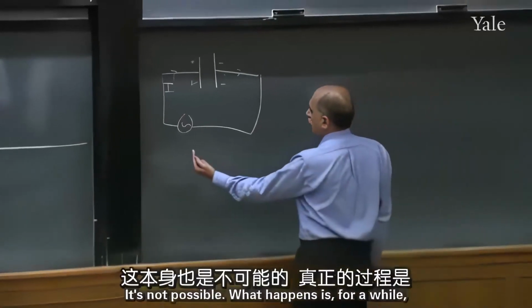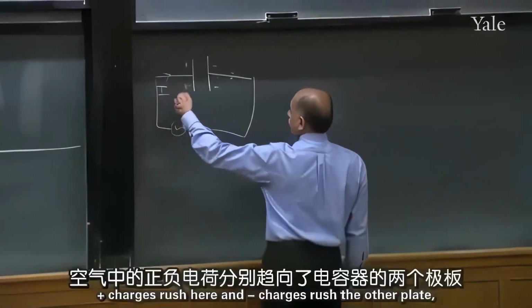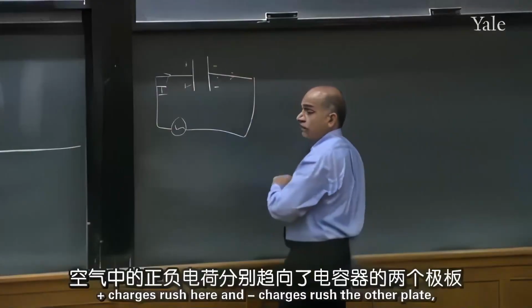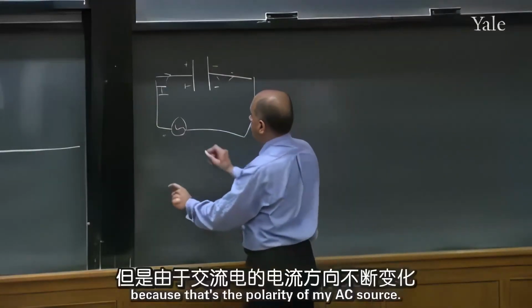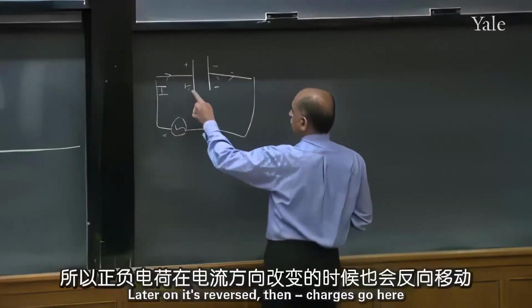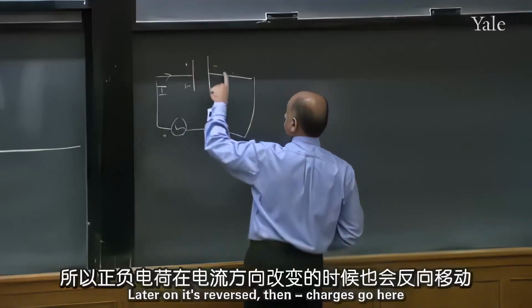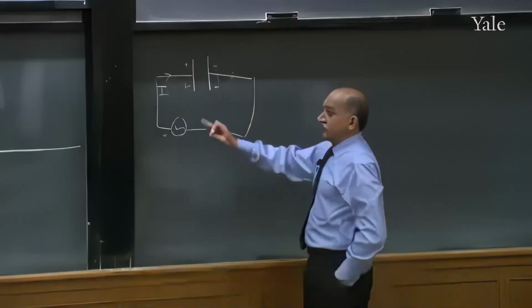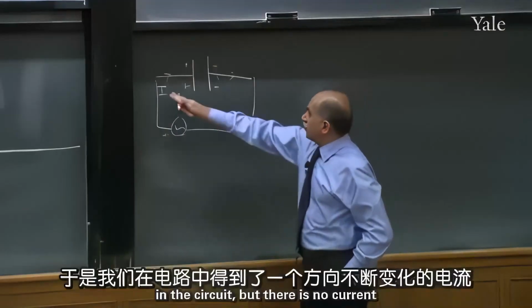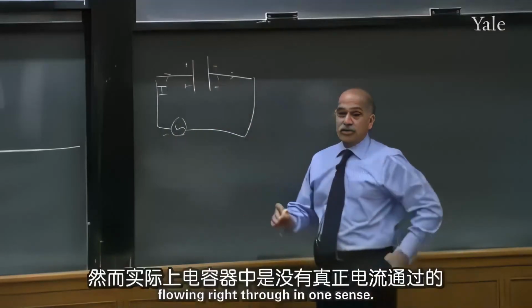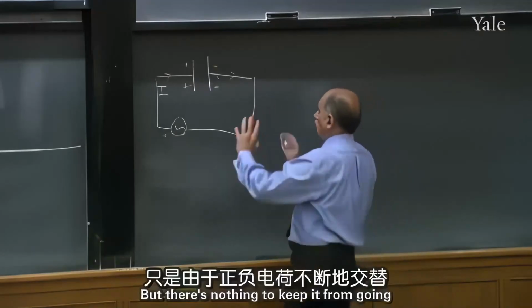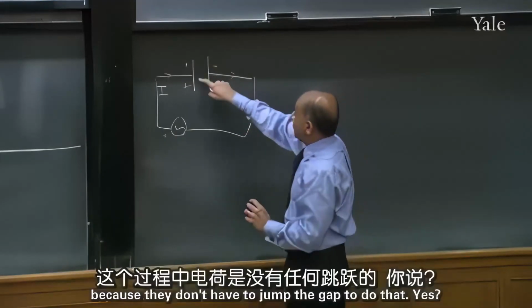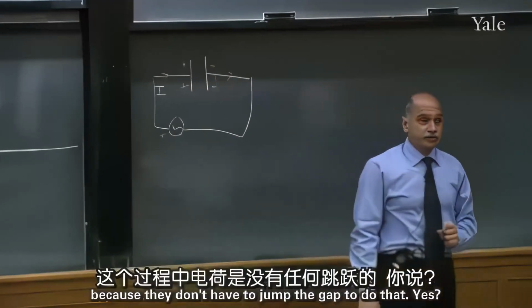What happens is, for a while, plus charges rush here and minus charges rush to the other plate because that's the polarity of my AC source. Later on, it's reversed. Then minus charges go here and plus charges go there. So there is an alternating current in the circuit, but there is no current flowing right through in one sense. But there's nothing to keep it from going this way and that way, because they don't have to jump the gap to do that.